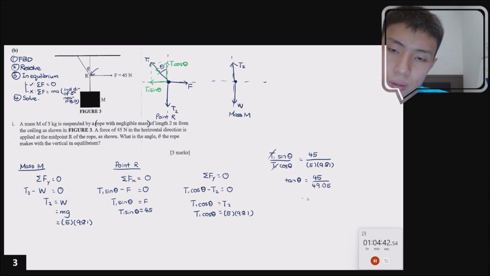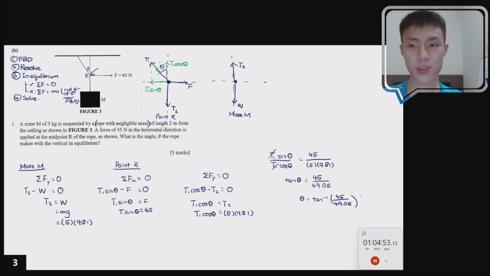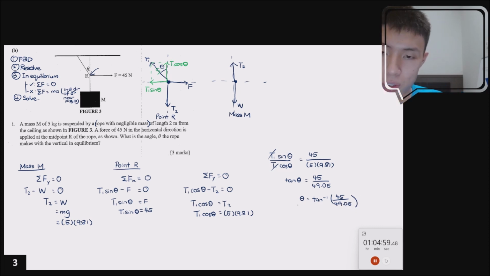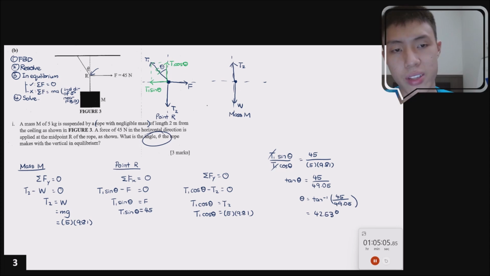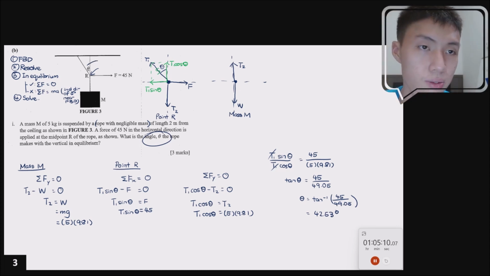So now you can find the angle by doing an inverse tangent. What will we get? 42.53. So that's the answer. They are looking for the angle only, right? They're not asking for direction, so that is the angle that it makes with the vertical. So this value here is 42.53.